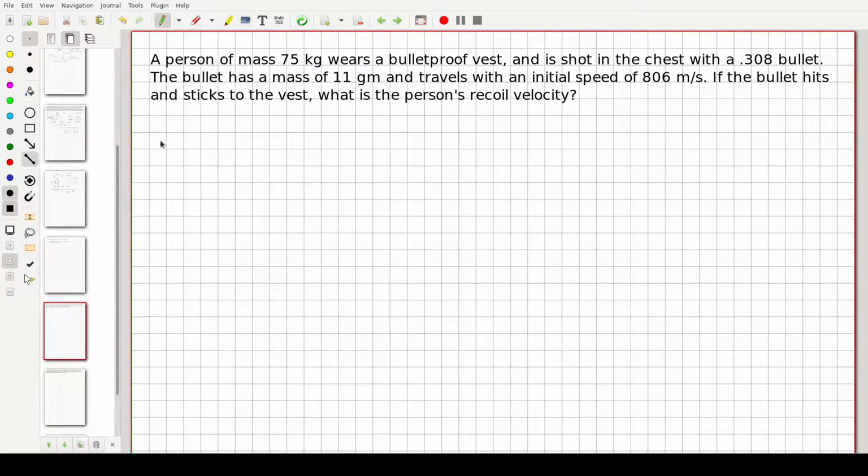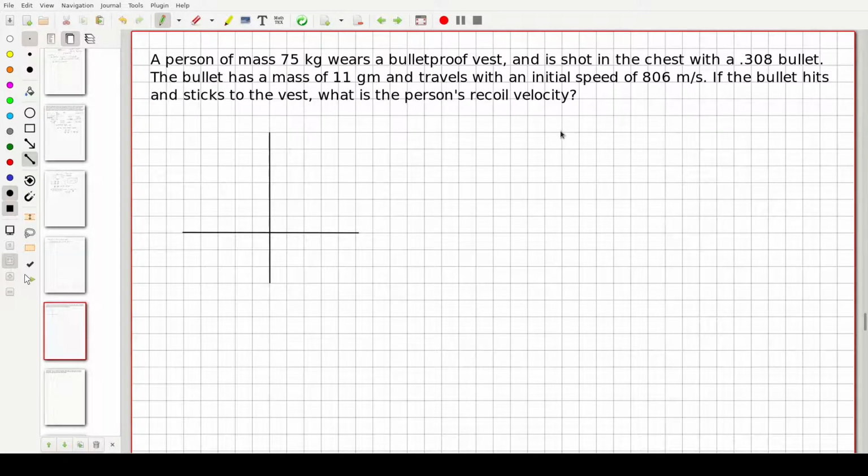Okay, so that said, the way you do conservation of momentum problems is you look at the situation before the collision, before the impact, and then the situation after. So this is going to be a before picture, and this will be an after picture right here. All right, so here's the y-axis, here's the x-axis, here's the y-axis, here's x. This is before, and this is after.